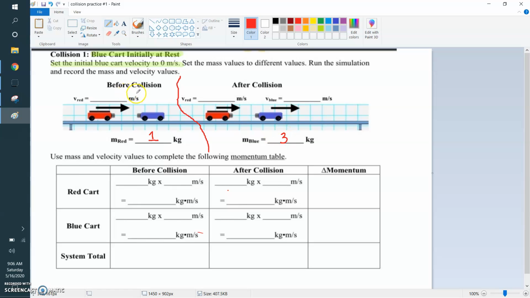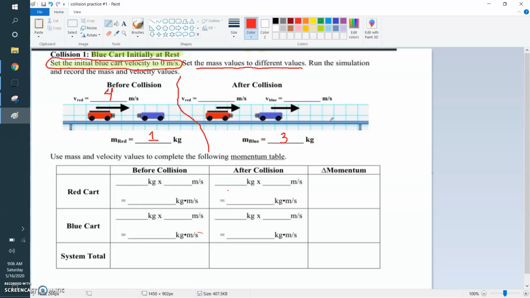The initial velocity before the crash I had at 4 for the red car and 0 for the blue car. Notice the directions say to set the initial blue car velocity to 0, set the mass values to different values, which I did. The masses are different, 1 kilogram versus 3 kilograms, and then run the simulation.